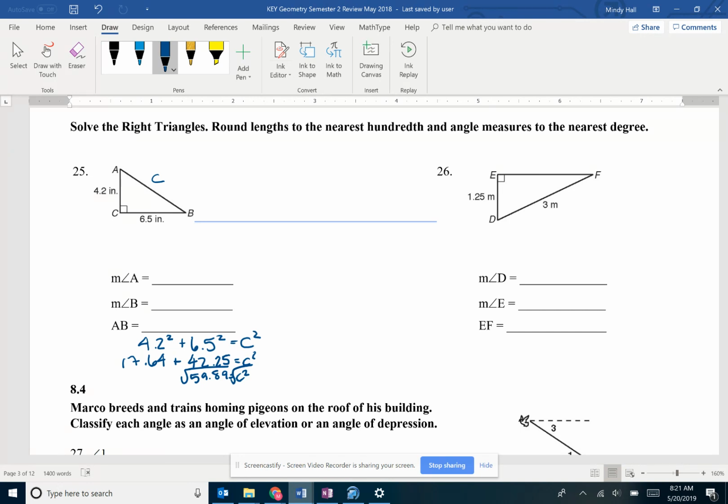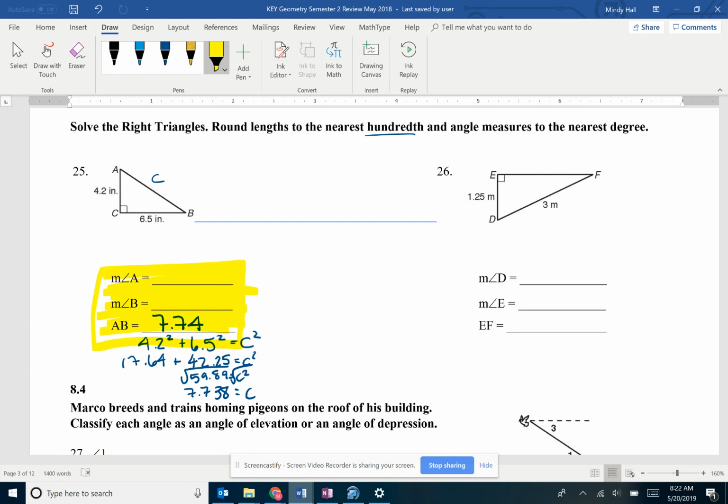Oops. Push the wrong button. Square root of 59.89 is 7.738. So rounding to the nearest hundredth, because it is a length, we are going to have 7.74. Okay, and I'm actually going to just go ahead and box this with the highlighter now.